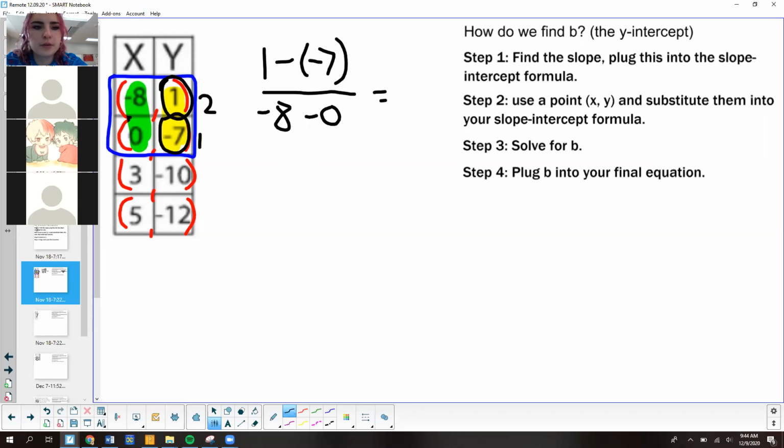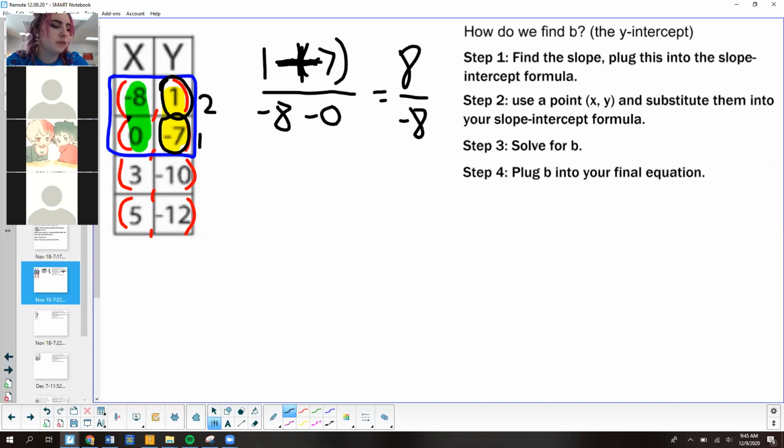All right, guys, so all we have to do is plug this into our calculator. We've got 1 minus -7. Well, remember, 1 minus -7 is the same thing as 1 plus 7. Well, 1 plus 7 just gives me 8. And then we've got -8 minus 0. Well, that simplifies to -8. So my slope is going to be 8 divided by negative 8. What is that simplified?